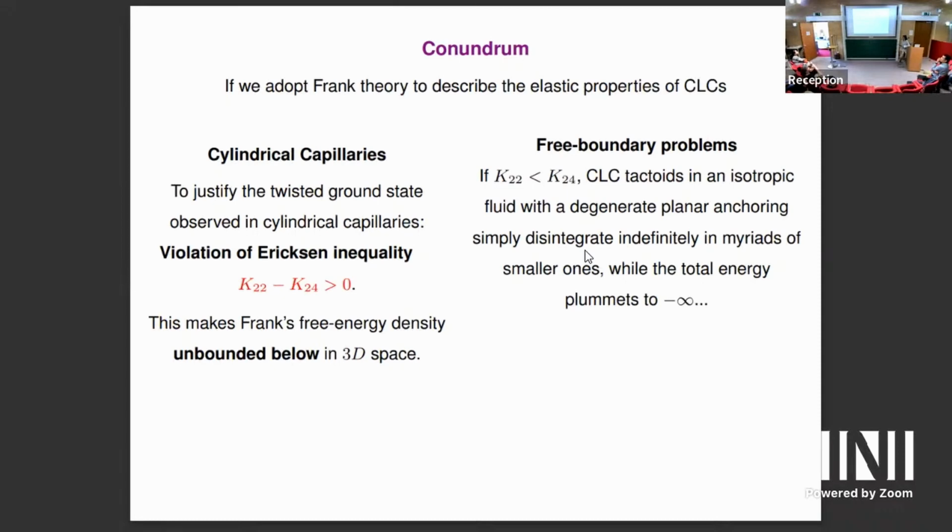When we study a chromonic liquid crystal droplet, which is immersed in an isotropic phase and can adjust its shape to the surrounding, the Frank theory predicts that these droplets would disintegrate into a myriad of smaller tactoids, while the total energy plummets to minus infinity.